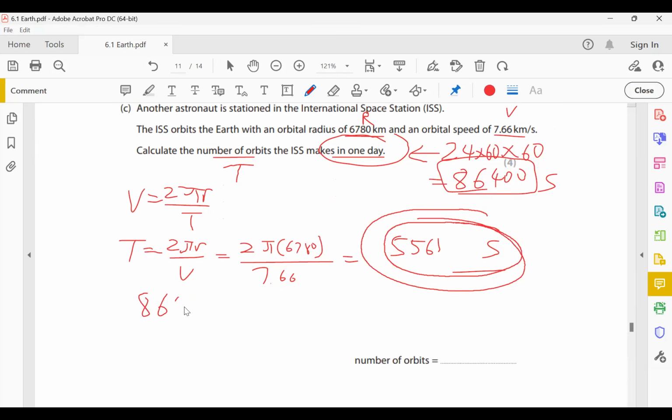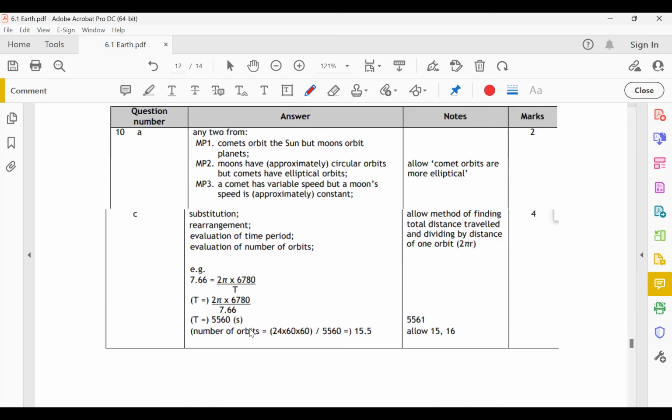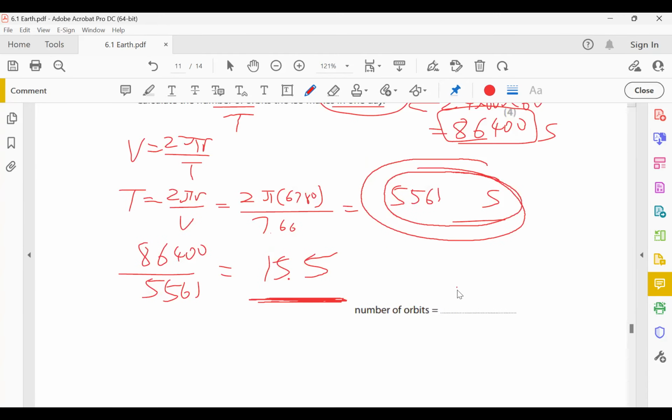Then just 86400 divided by your raw number, and you press that in your calculator, and you'll get the number of orbits per day. Yeah, 15.5. 15.5 orbits in a day.